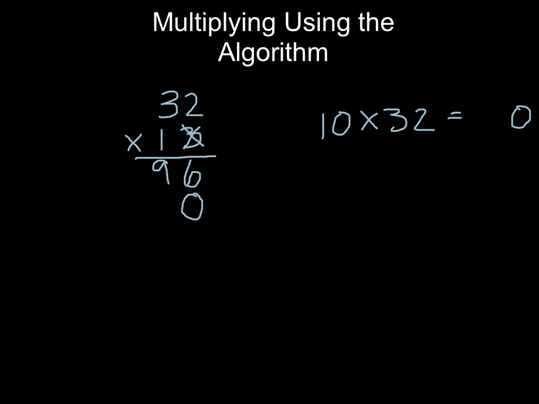Then we go 1 times 2 and 1 times 3. So 1 times 2 is 2 and 1 times 3 is 3. And then just like the other one, we just add them up to get our answer. Ta-da. Did I do it right? You did it right. Good job.